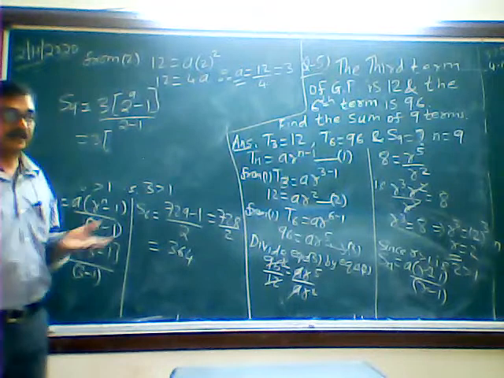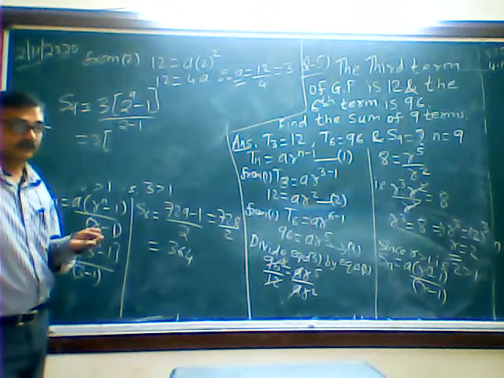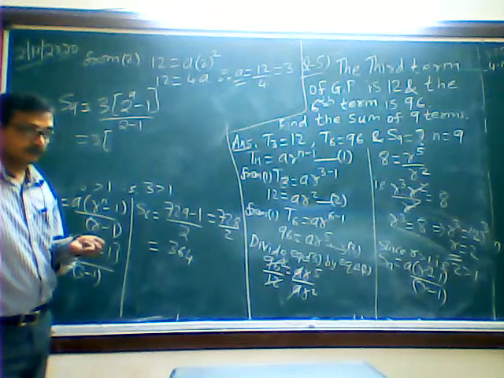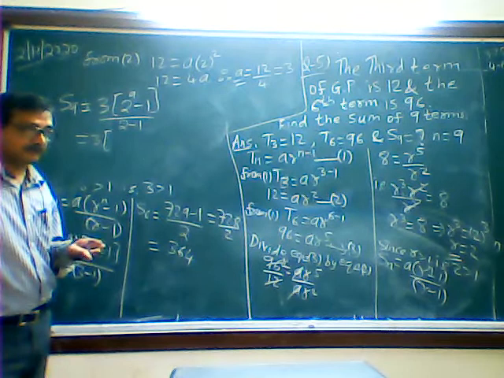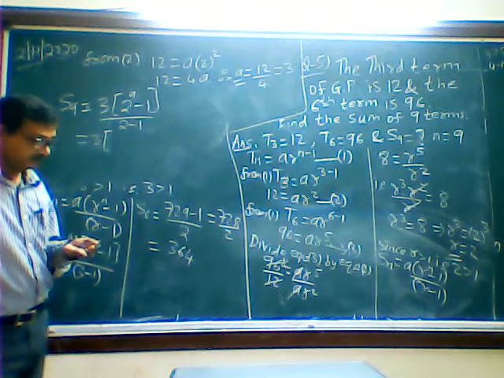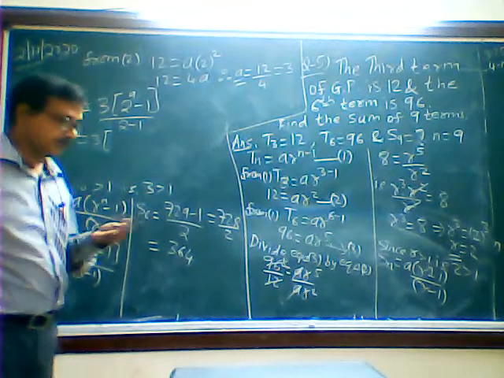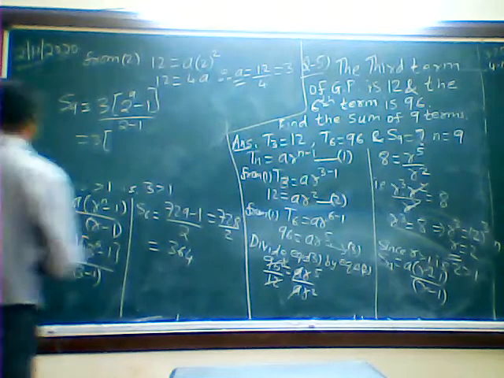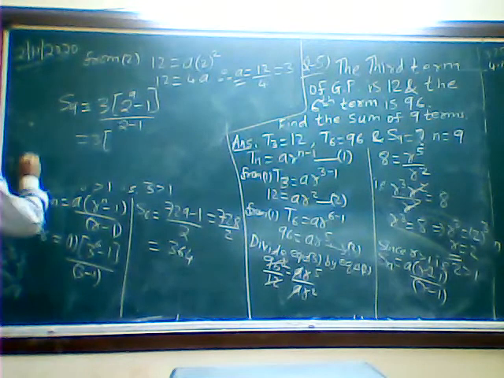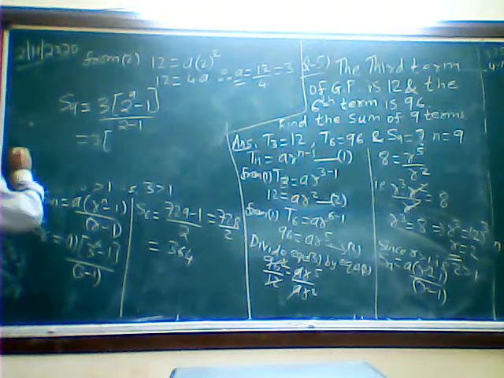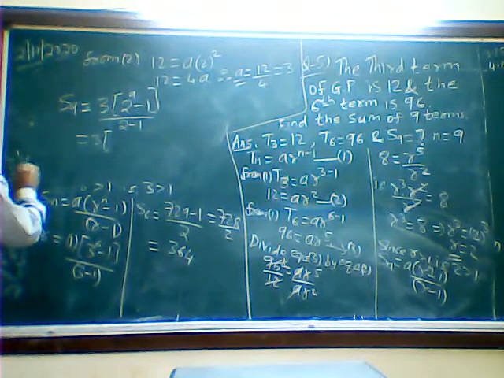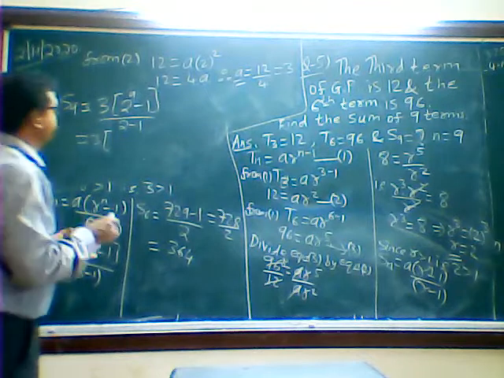Multiply 9 times. 2 into 2 is 4, 4 into 2 is 8, 8 to 16, 16 to 32, 32 to 64, 64 into 2 is 128, 128 into 2 is 256, 256 into 2 is 512.